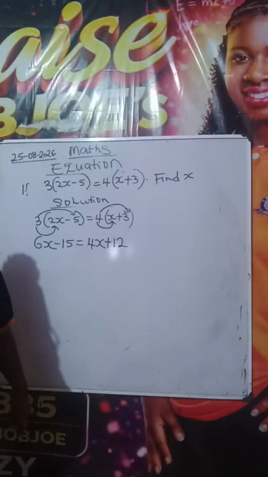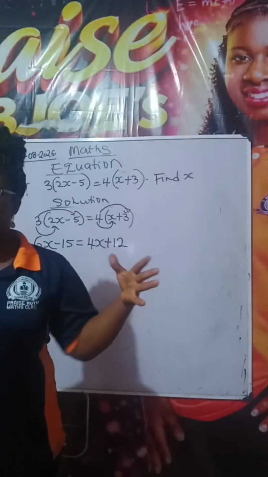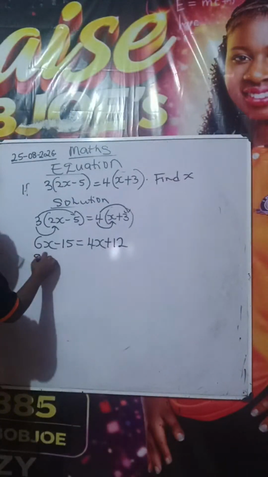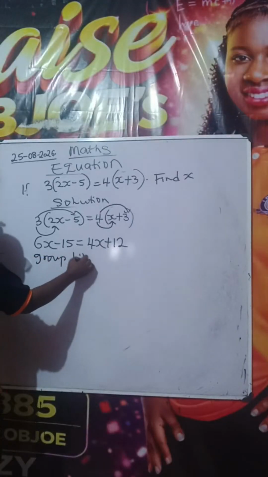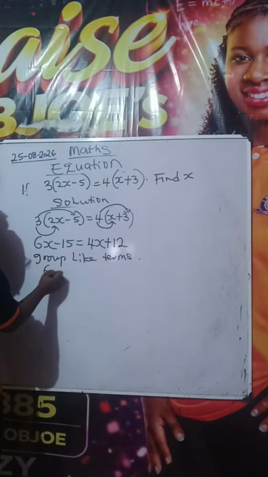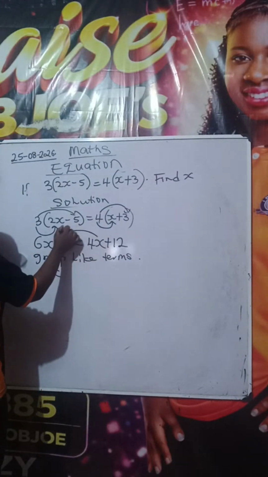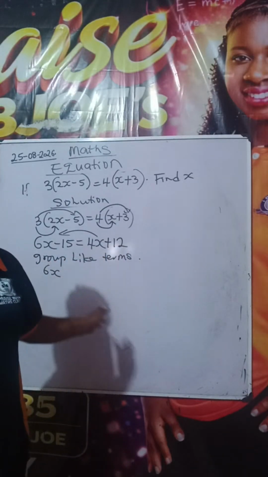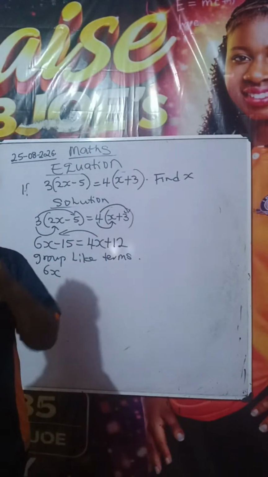So the next thing to do is to collect like terms. We group our like terms, yes. So I'm going to state it here. So we say group like terms, and we have 6x. I'm bringing this 4x to this side. If I bring 4x to this side, will it be plus or minus?